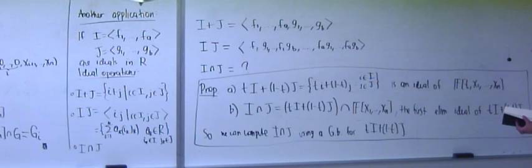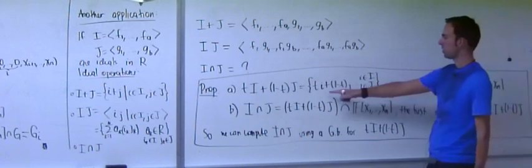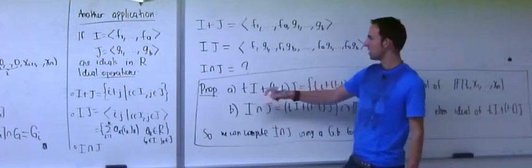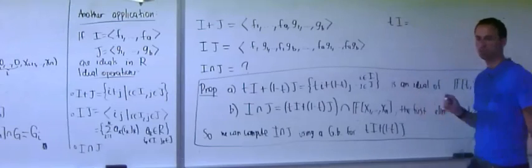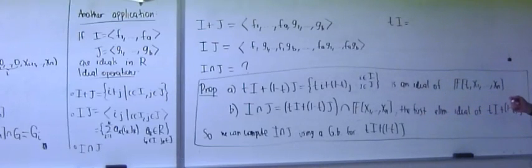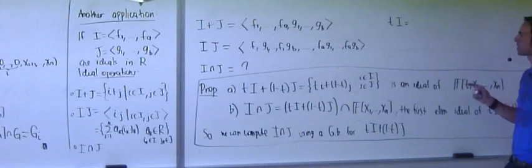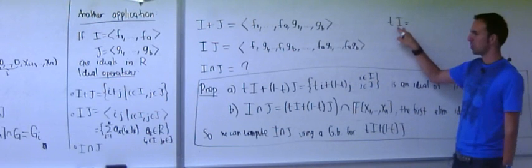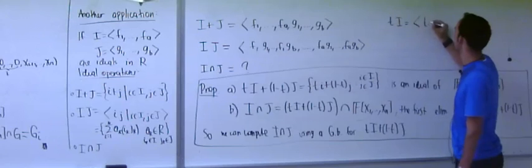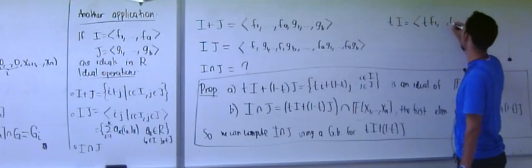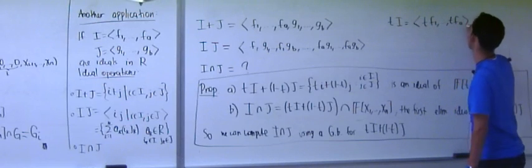Maybe one thing that we should say is how do you generate this guy tI? Well, that's very easy because this is just the polynomials in I multiplied by t. So the way to generate them is just t f1 up to t fa.